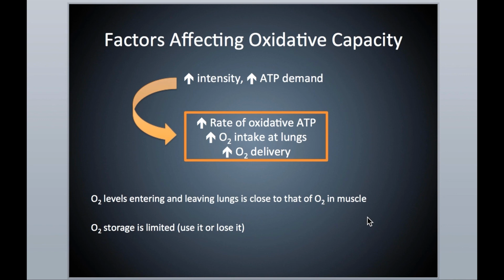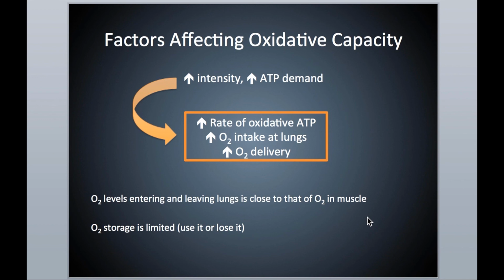So oxygen levels entering and leaving the lungs are actually close to what they are at the muscles. That's why it's really good to measure if we go into a lab, and you can look this up on YouTube. There are plenty of videos looking at a metabolic cart to measure the amount of oxygen that you're using, and we're really measuring that at the lungs. But what's happening at the lungs is a good representation of what's happening at the cells.